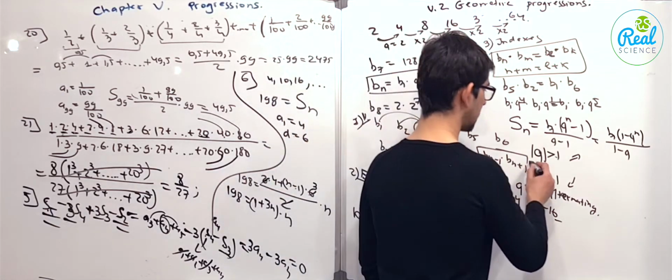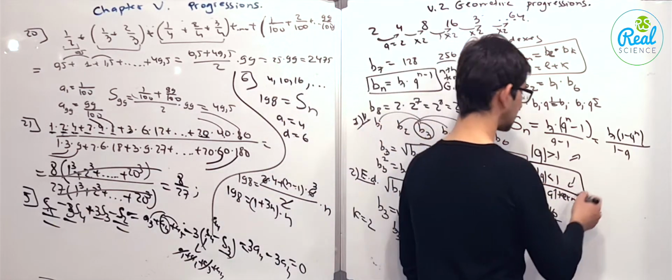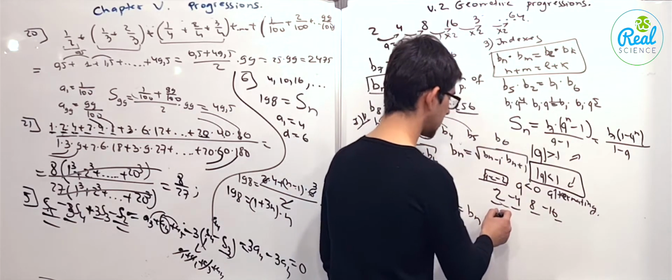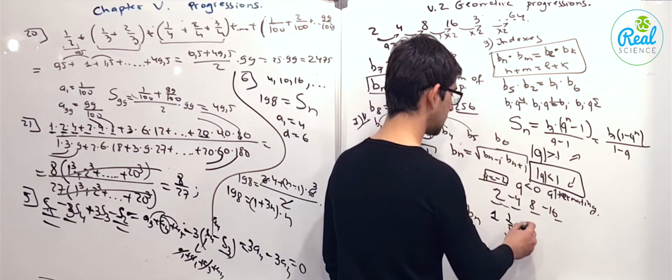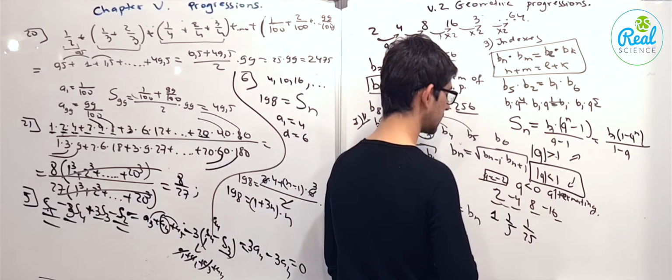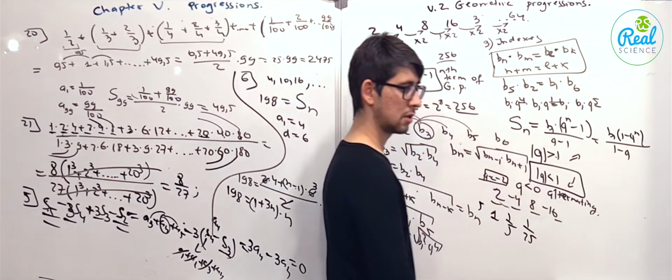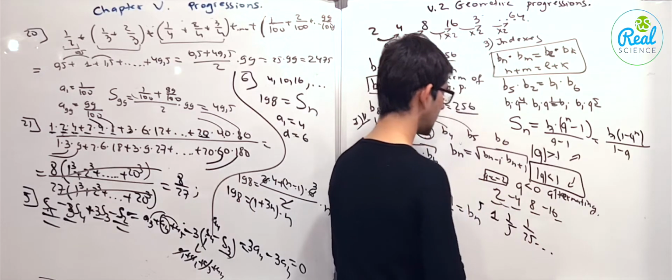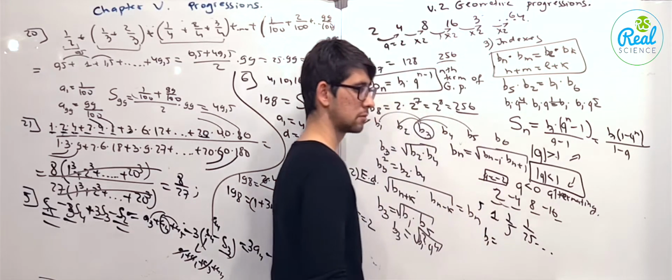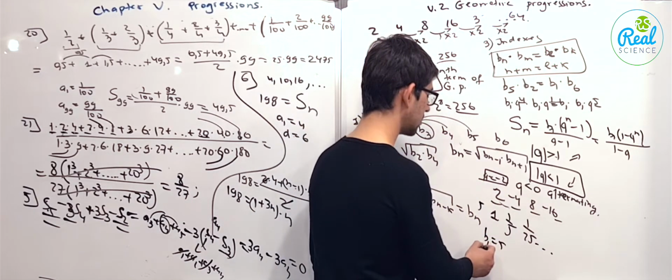So in this case we have a special sum formula. Let's create some. 5, 1, 1 over 5, 1 over 25, etc. What is your b1? 5. What is your q?